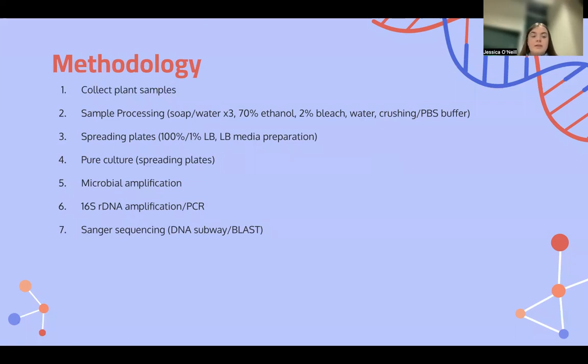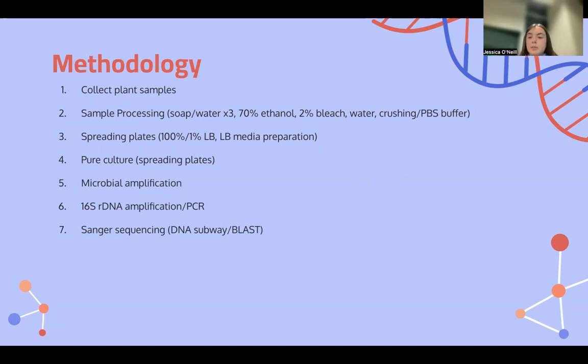We did this by spreading the solution we had created during processing over both 100% and 1% LB media plates. The 100% and 1% was selected because of the varying nutrients each plate would have.